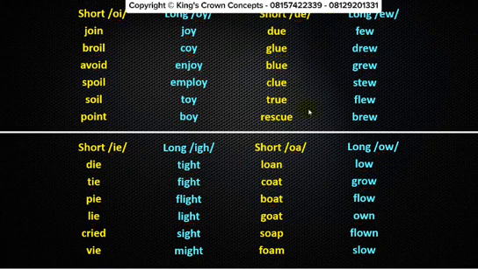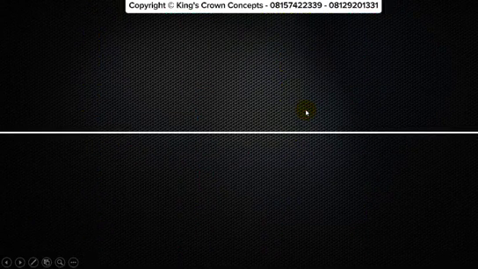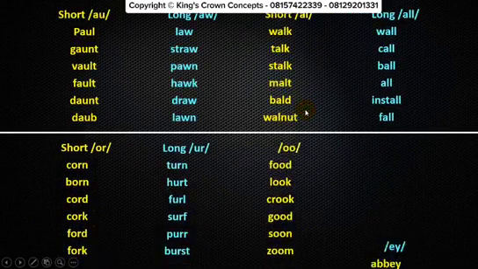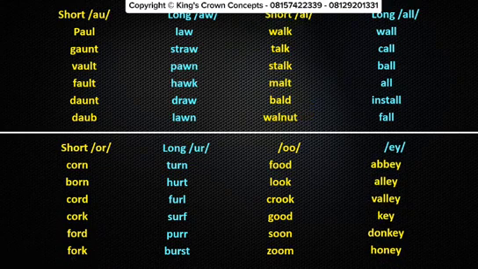This group, short O, short O, Paul, that is short sound O, gaunt, vault, fort.